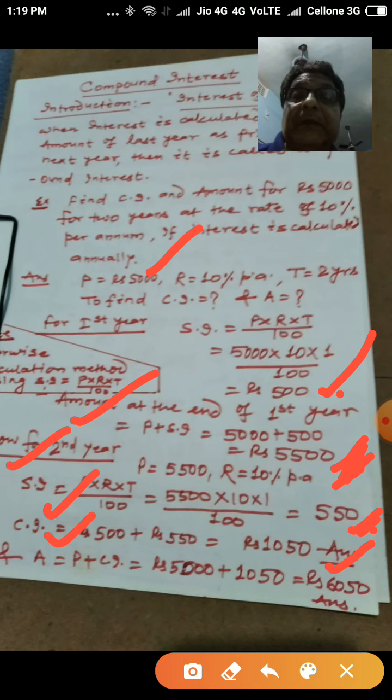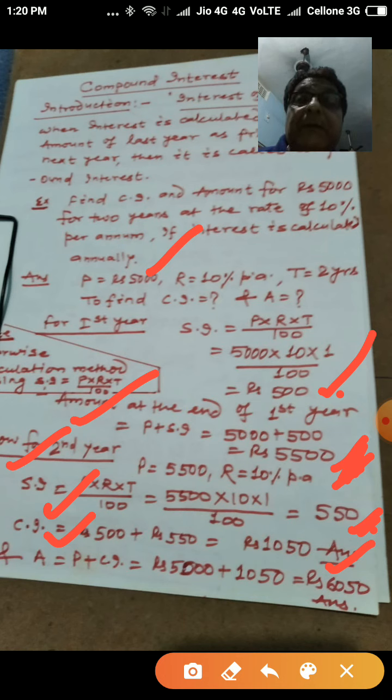But since the principal increases every year, as it is the amount of the previous year, that's why such interest is called compound interest. So we have seen that for rupees 5,000 at the rate of 10% per annum, the compound interest for 2 years we have to pay is 1,050.